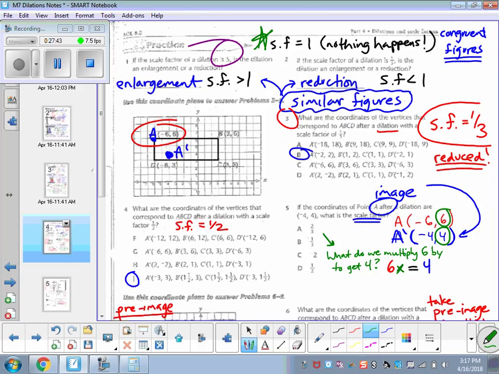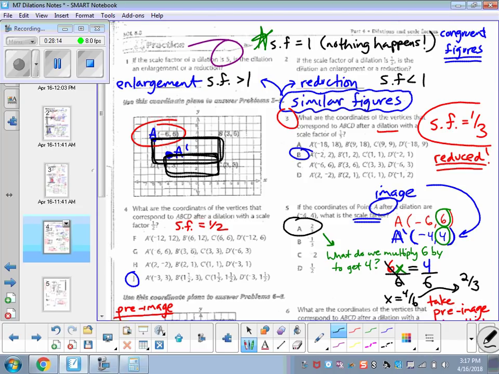So I have an unknown x, and it's multiplied by 6 to equal 4. So to solve, all we do is divide both sides. And we're going to get that x is 4/6. Now we can reduce 4/6. 4/6 does in fact reduce to 2/3. So our scale factor here has to be 2/3. We take 2/3 of every one of these big points, and when we do that, we're going to get a smaller rectangle. Okay?